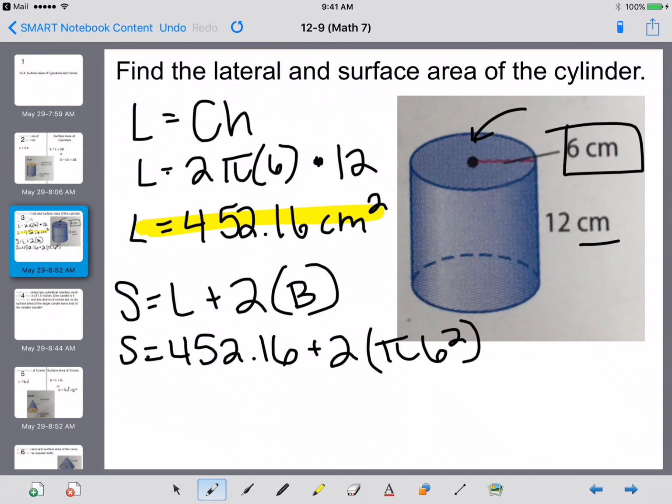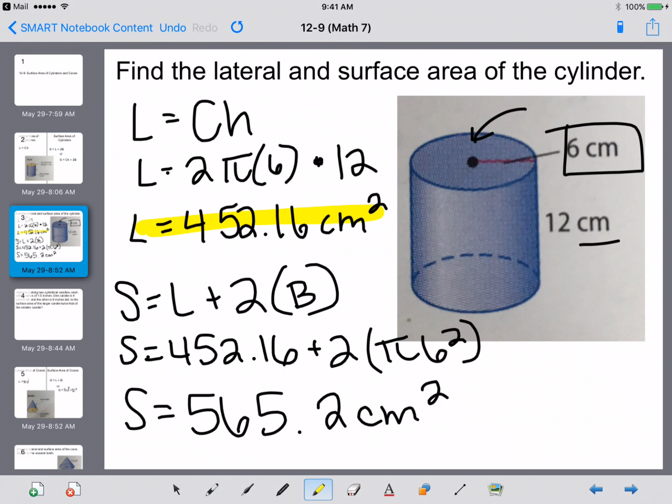So we're taking 3.14, which is pi, times 6 squared, which is 36, and then adding that to 452.16. So we end up with a surface area of 565.2 centimeters squared because we're using area. Voila.